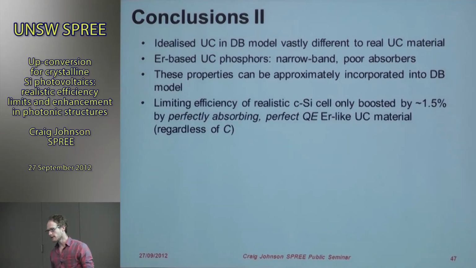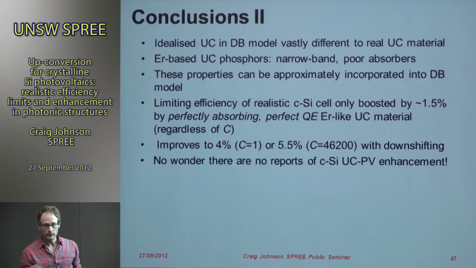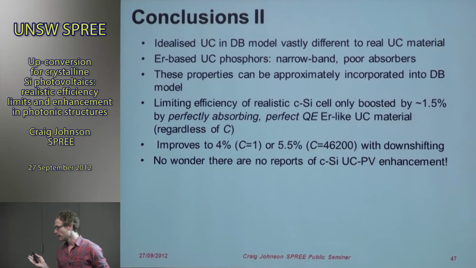But the fact is that the limiting efficiency of the realistic solar cell was only boosted by 1.5% by perfectly absorbing, perfect quantum efficiency erbium-like upconversion material, regardless of the concentration ratio. That becomes 4% at 1 sun or 5.5% at a full concentration with downshifting. Really, it's no wonder that there are no reports of crystalline silicon upconversion photovoltaic enhancement.